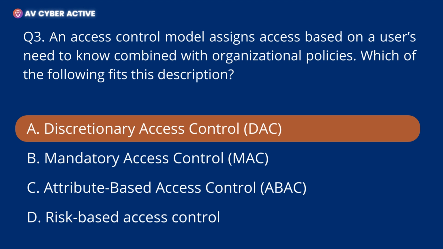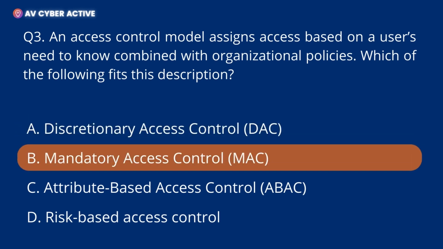So that's discretionary. Does that apply to the context of the question? It's saying access control based on need to know. So you'd have to know what need to know is. Need to know is something that is only disclosed to the person when they have the need to know it. If you're not supposed to know it, you shouldn't even be accessing the data.